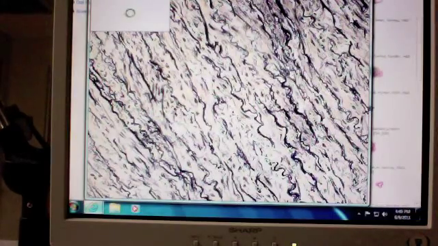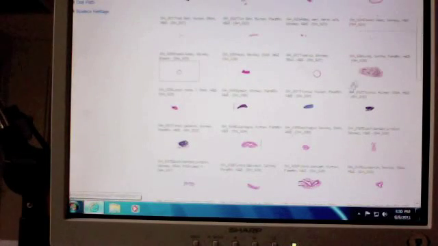Now, reticular fibers are type 3, okay? Bone has a 1 in it, so it's type 1. Cartilage is type 2. And then reticular is type 3. I like it. I'm never going to forget. Thank you, Caitlin.